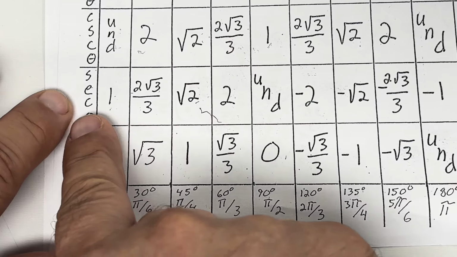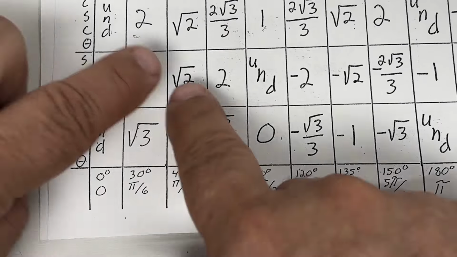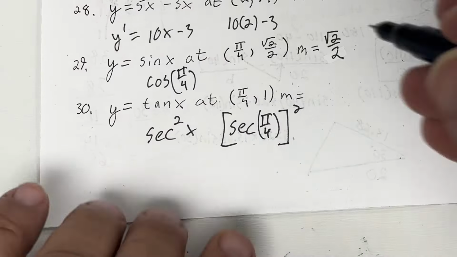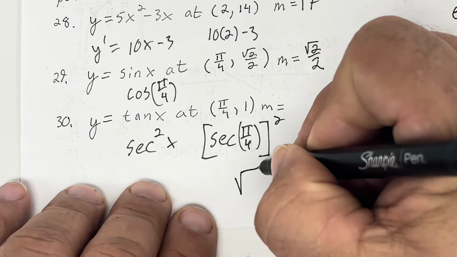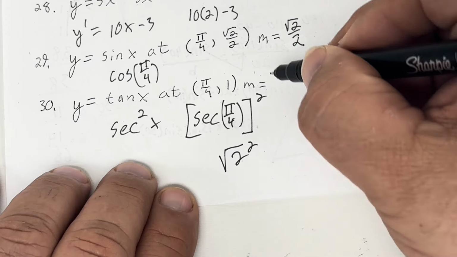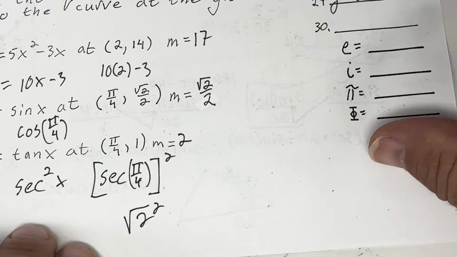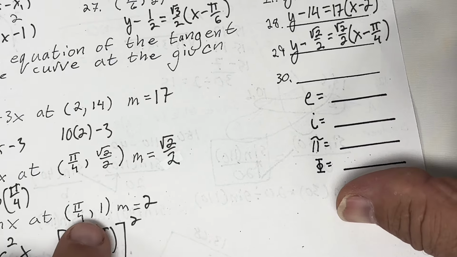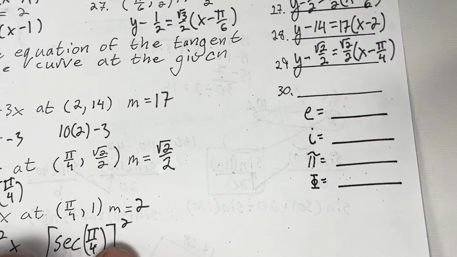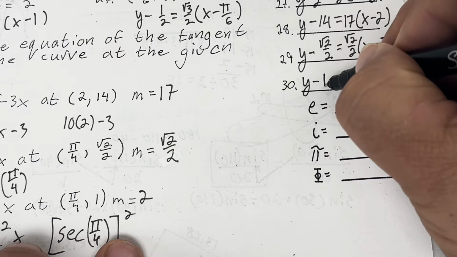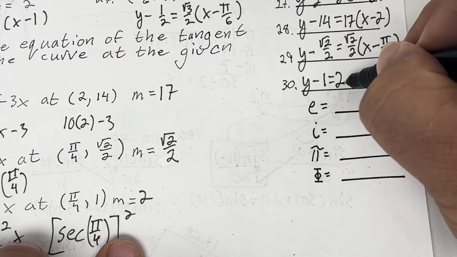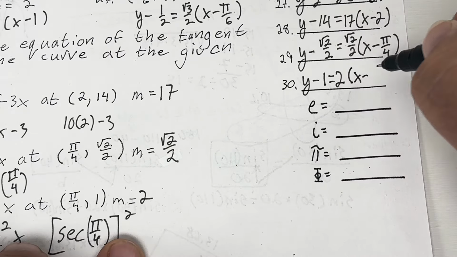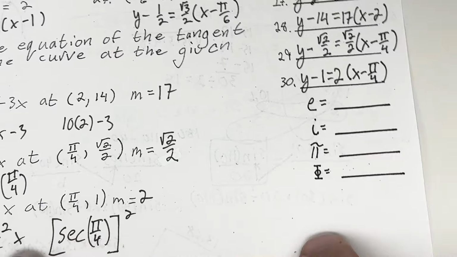Secant of pi over 4 is root 2. So that's going to give us root 2 squared. So the slope is going to equal 2. So I have my point and my slope. So my equation is going to be y minus 1 equals my slope times x minus pi over 4.